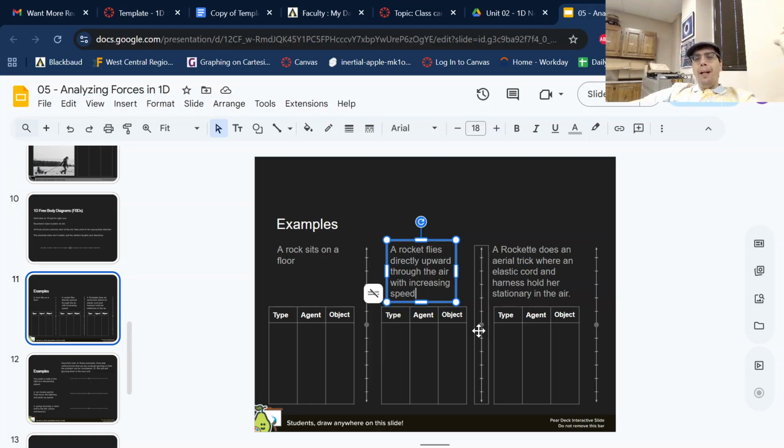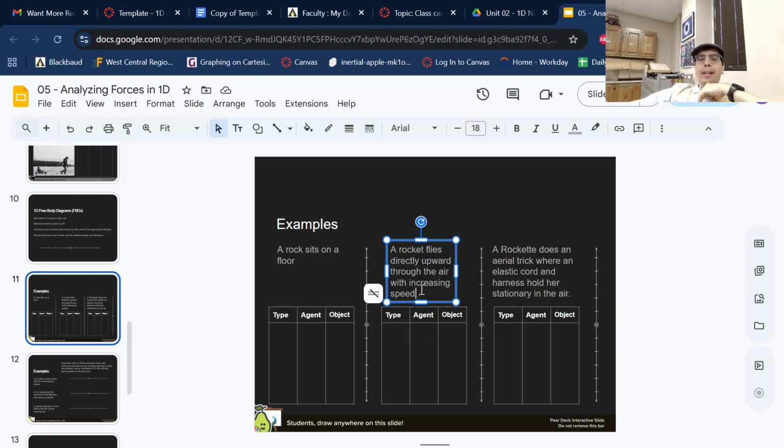So when you apply the forces to this, we have an upward force due to the exhaust, so we could call that a thrust force, or an applied force, either way, but we have that upward force, and we have two downward forces. We have weight pulling down on the rocket, and we also just have air resistance, trying to keep the rocket from moving through the air.